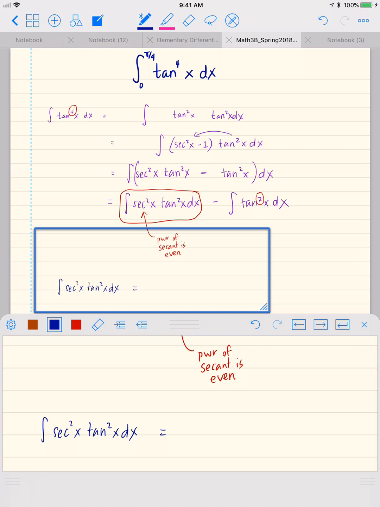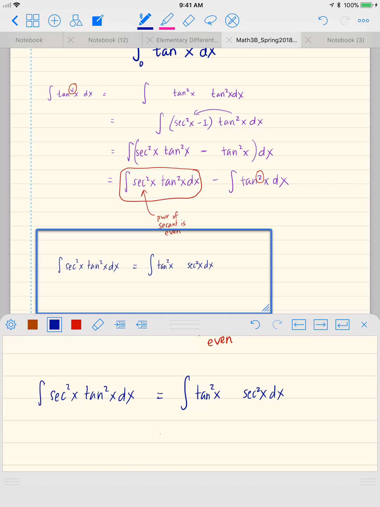Pull off a factor of secant squared x, and we're left with tan squared x. Now we can do a u substitution, because if we let u equal tangent of x, then du is secant squared x dx.